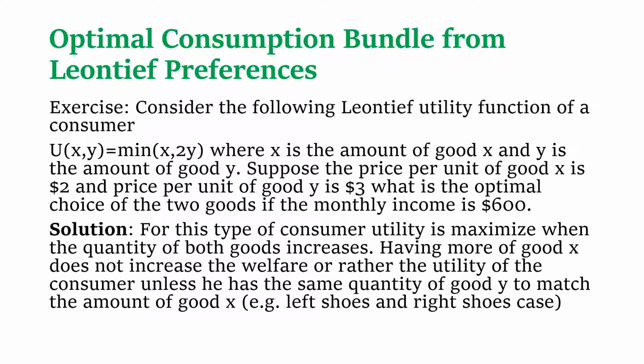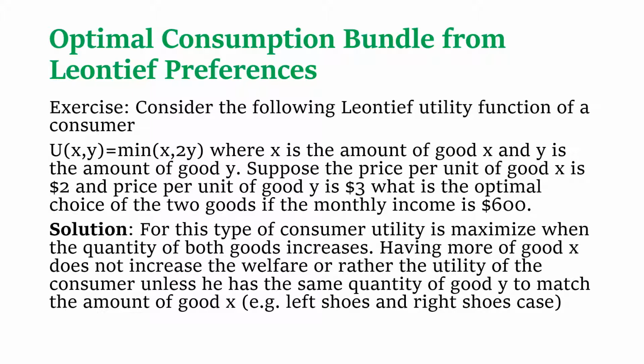It does not increase its utility. So its utility will only be increased if the same quantity of good Y is made available to the consumer to match with the increase in X.